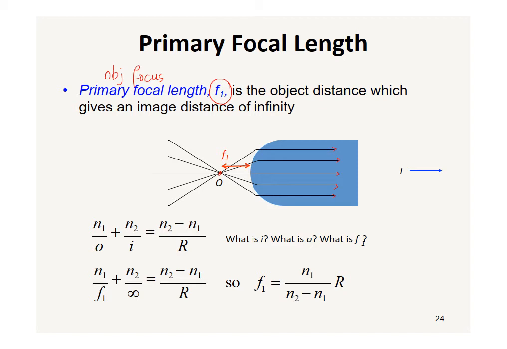And what parallel rays mean is that the image is infinitely far away. So parallel rays mean that i is equal to infinity.